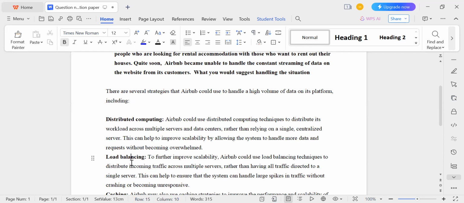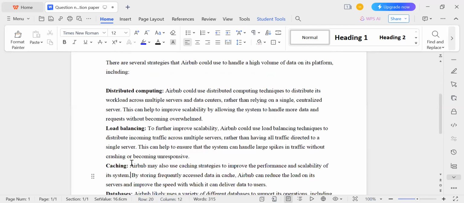Next one is load balancing, the second one. In load balancing, Airbnb could balance the incoming visitors who are visiting the Airbnb website. It will balance the incoming website visitors across different servers. Instead of relying on one server, instead of sending all traffic to one server, it will use different servers.